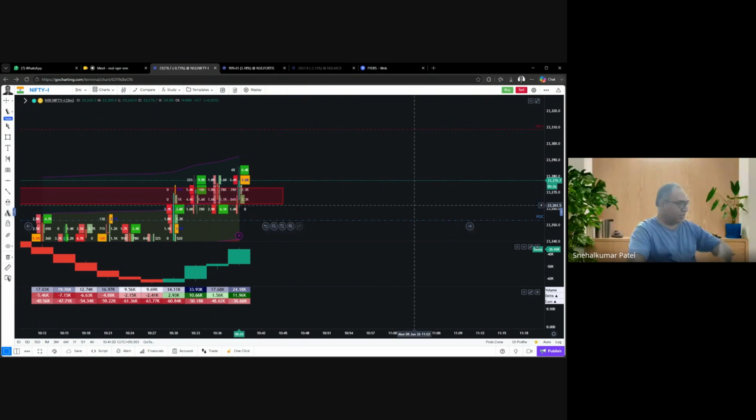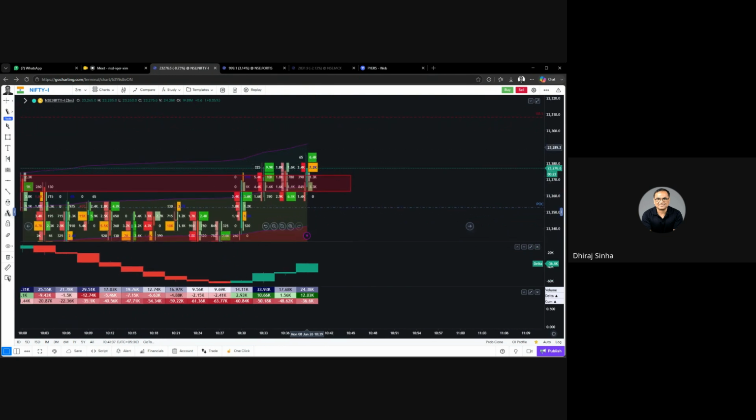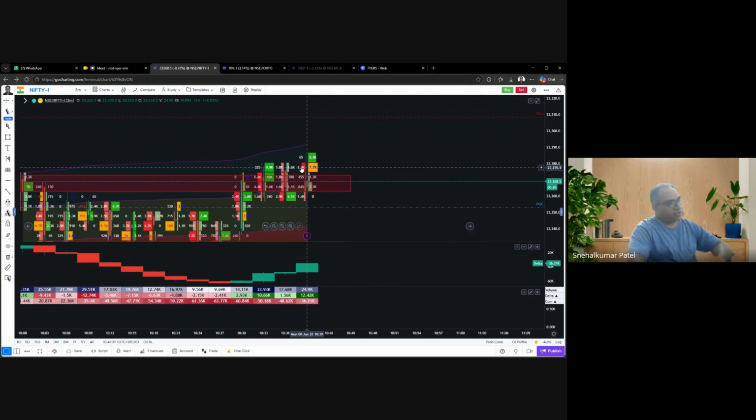Price is coming down. Can you explain what you mean by that? I mean, when you say sellers exhausted? Yeah. So there was an imbalance here on the buy side, 6.4K. There was a low number of sellers against these particular buy orders.